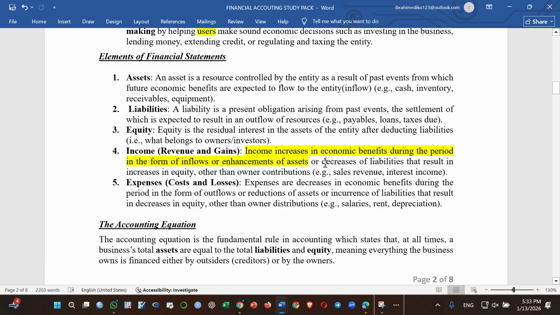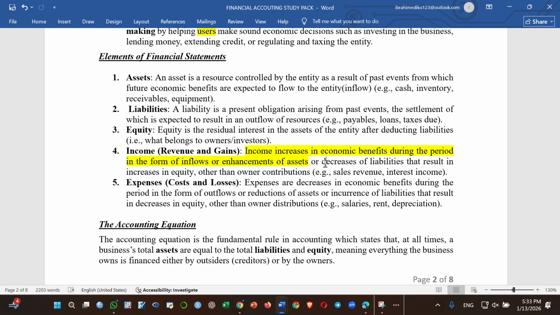What does it mean? For example, let us assume we have an asset. For example, we have a machine that is used in production. So that machine that is used in production, it produces a number of units, or it produces items or products.